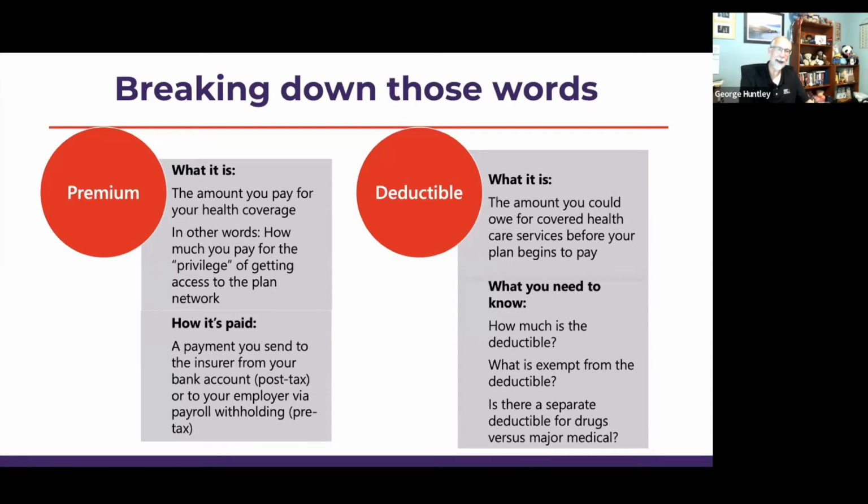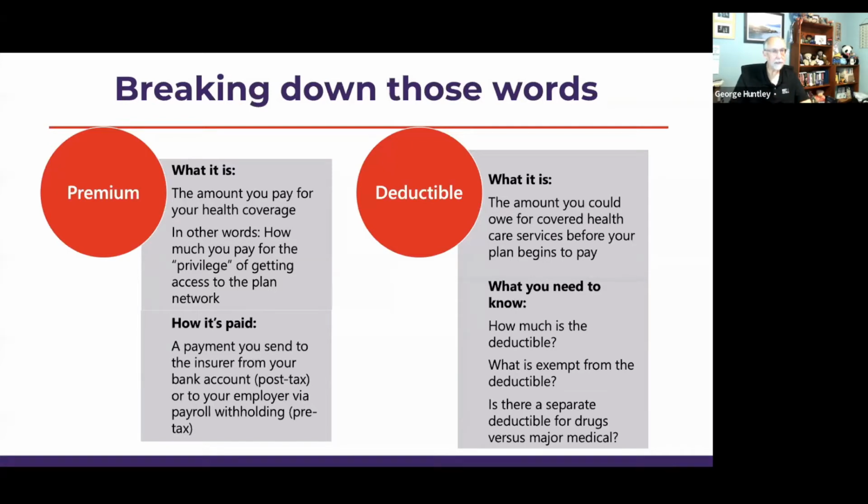If you're employed, you pay this premium through your paycheck, typically on a pre-tax basis. If you are not employed or you're buying through the exchanges, then you're writing a check to the insurance plan for the privilege of being in the plan.